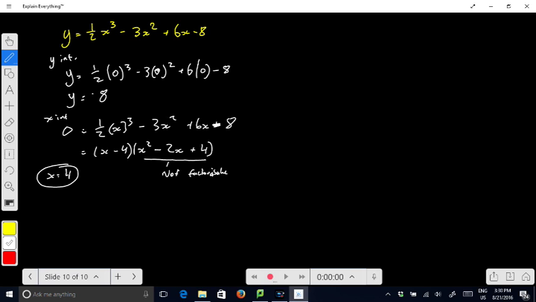So the next thing to look at is stationary points, and that's by finding the derivative. So dy dx is going to be 3 on 2 x squared, take 6x plus 6, and the stationary points when that is equal to 0.